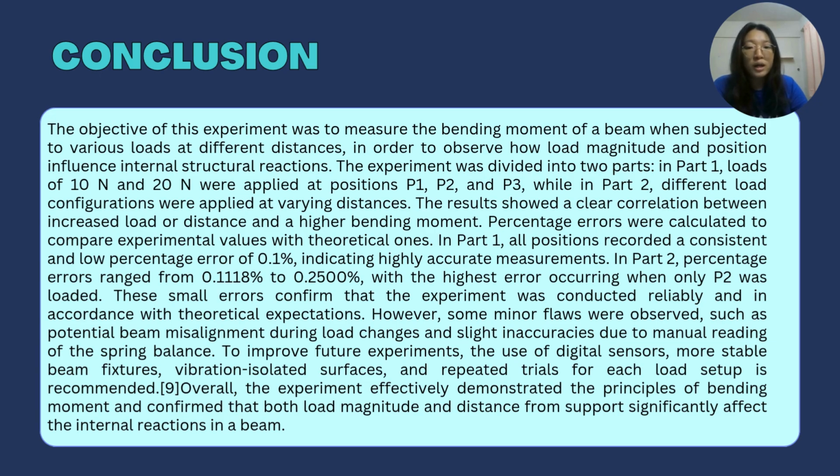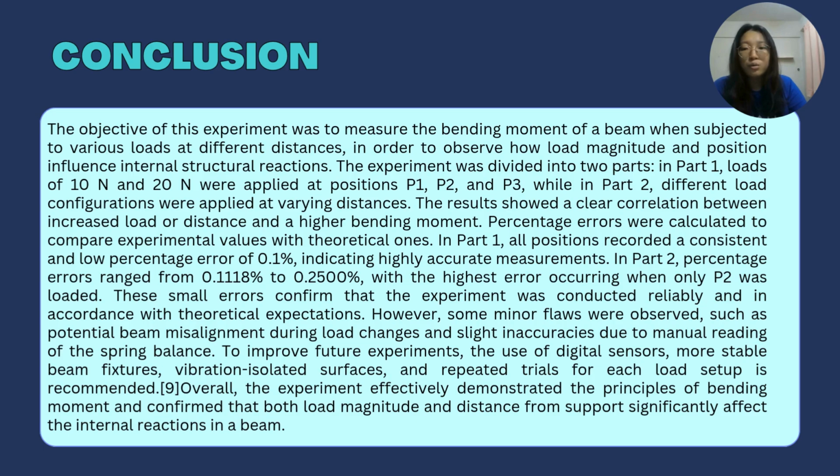In Part 2, the percentage error ranged from 0.1118% to 0.25%, with the highest error occurring when only P1 was loaded. So this small error confirmed that the experiment was conducted reliably and in accordance with theoretical expectation.